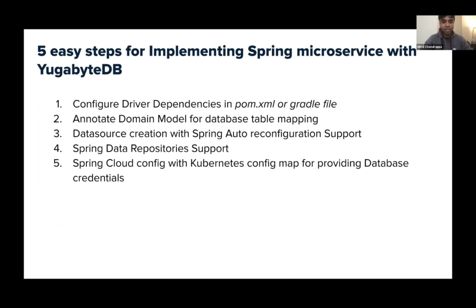The main things we had to take care of in a Spring Boot app are getting the right dependency, so we had to have the right driver in the POM. Next, as soon as we have the Spring Data project on the classpath, it automatically figures out how to create the data source. And we add a bunch of annotations on the domain model to bring in the repository support. That's all it takes. Within 3-4 steps, we can quickly implement the Spring microservice.